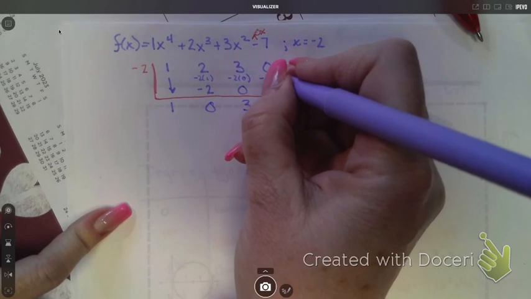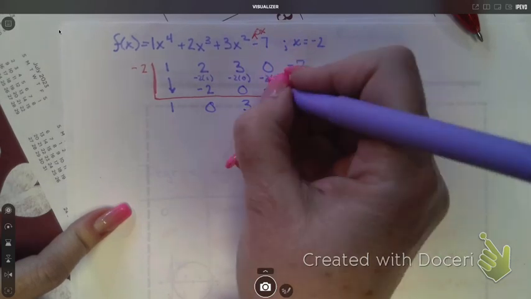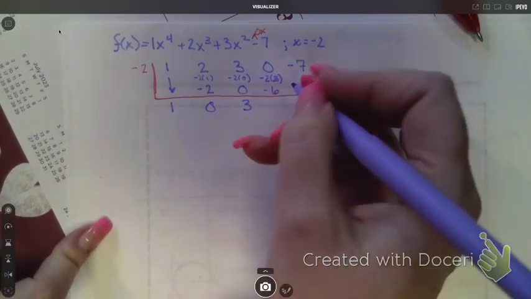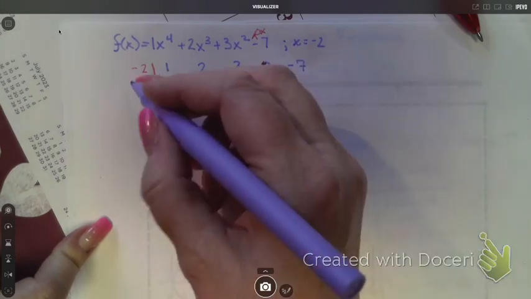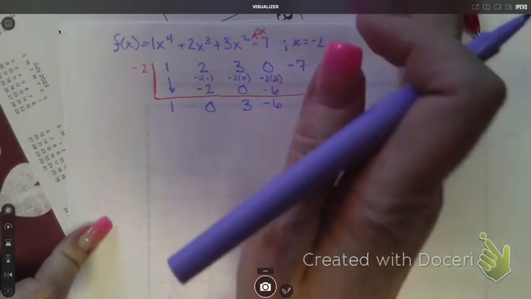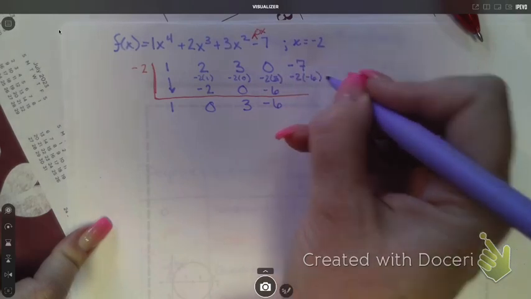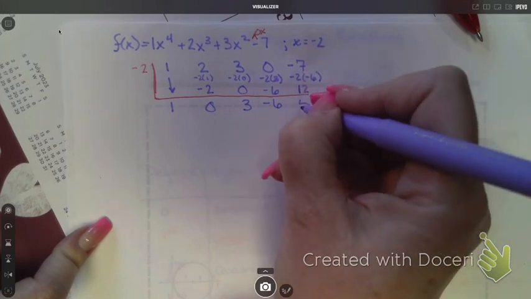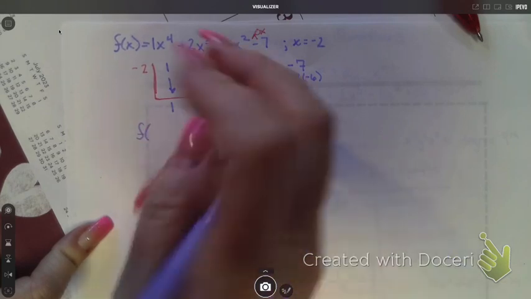Then -2 times 3 is -6, and 0 and -6 is -6. Then -2 times -6 is 12, and so 5. So f of -2 equals 5.